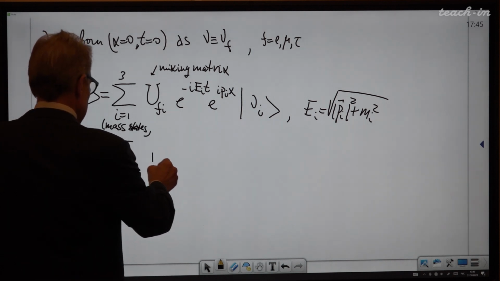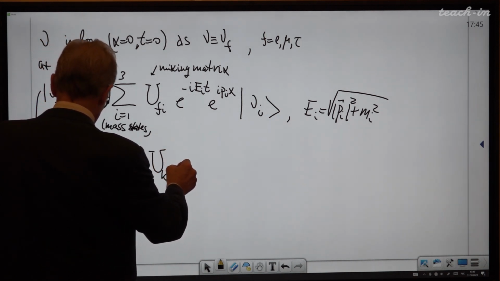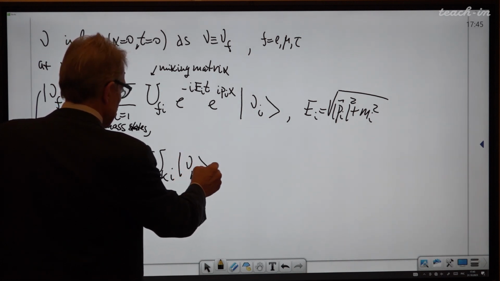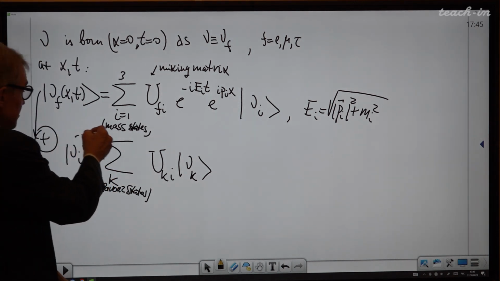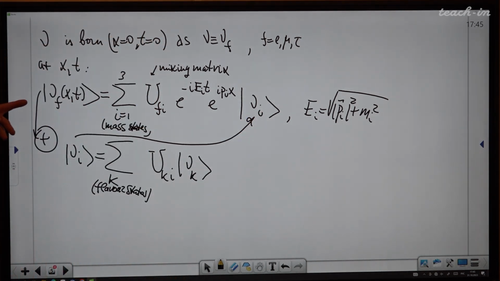Again, the same matrix U. Then we can express these flavor states in the first expression using this definition and relation between mass states and flavor states. Just put it in by hand.